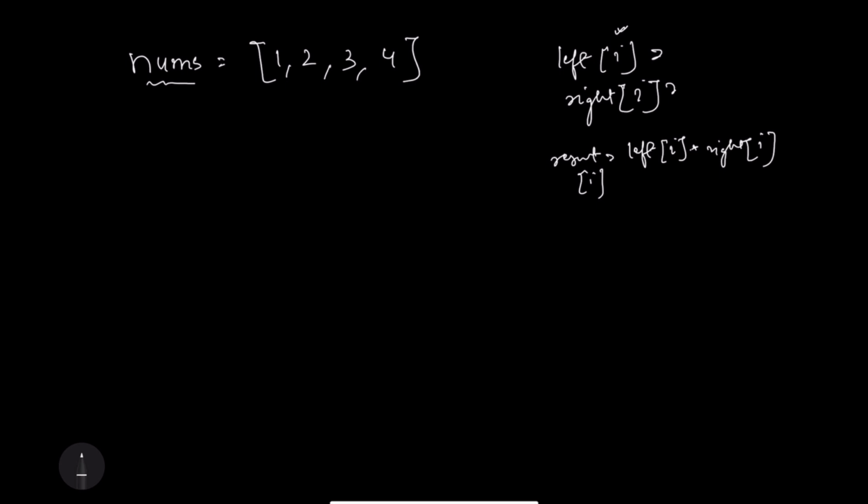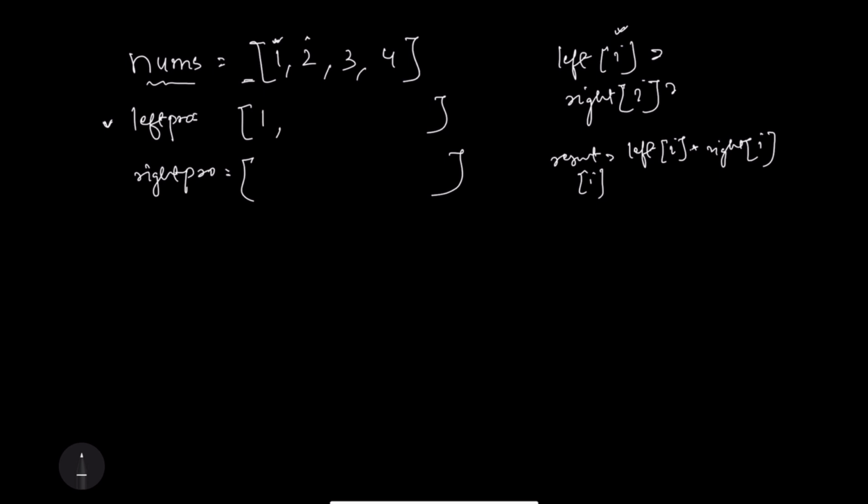So for example, first we will initialize our left product array with the ones. We will populate them with the ones, and then we will keep multiplying to get our left and right products. For example, in our left product array, for 1 we don't have anything to our left, so we will just keep 1.